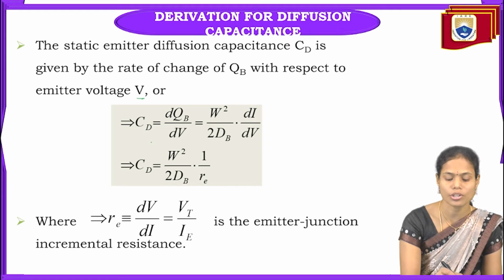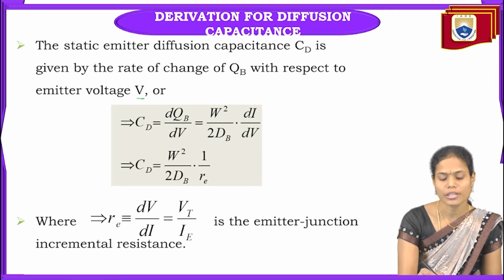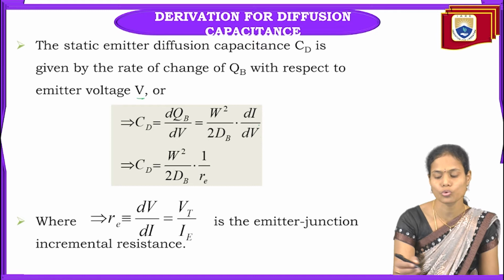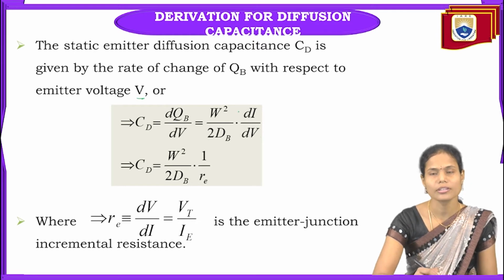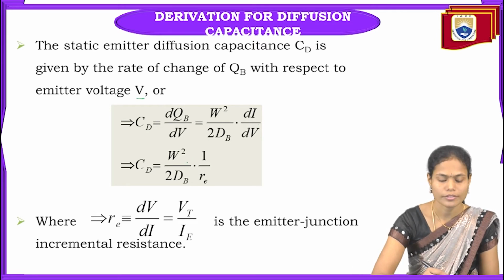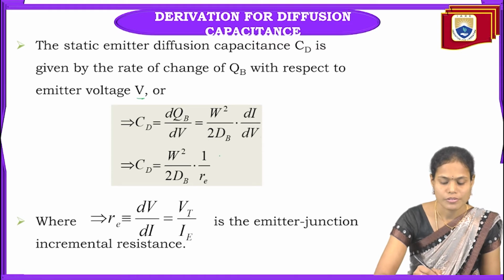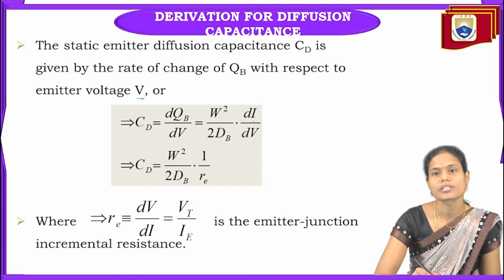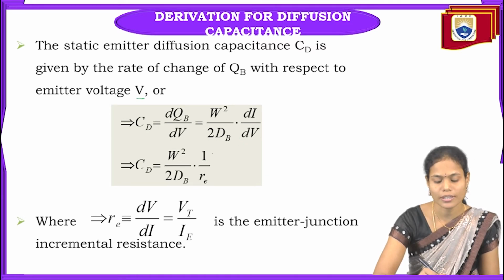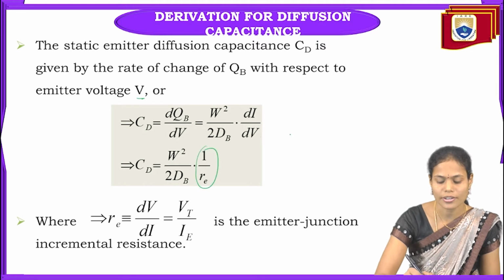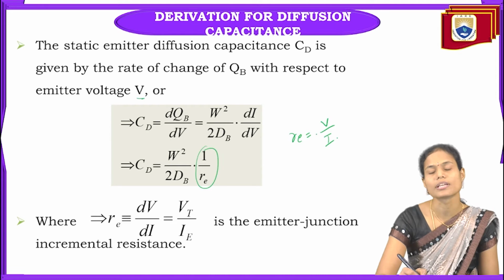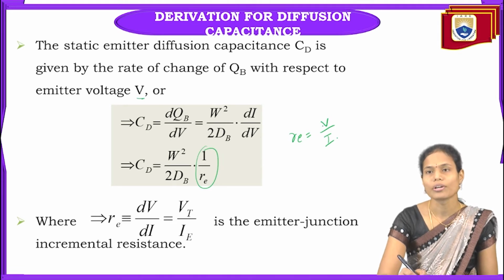CD equal to dQB by dV, that is equal to W square by 2dB into dI by dV. That is, for the QB we are performing the differentiation. Here the differentiation of I by V is RE, where RE equals V by I, the resistance in the emitter terminal.